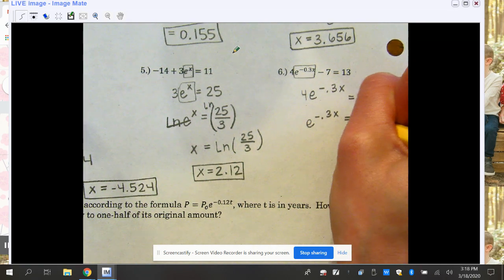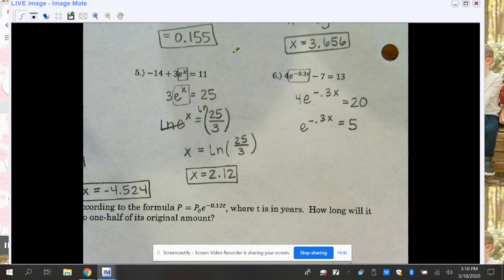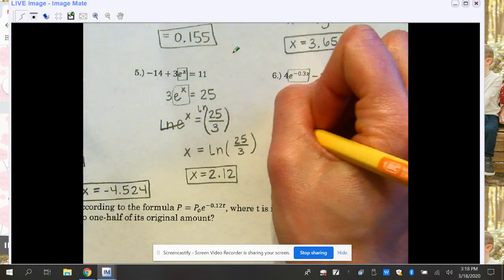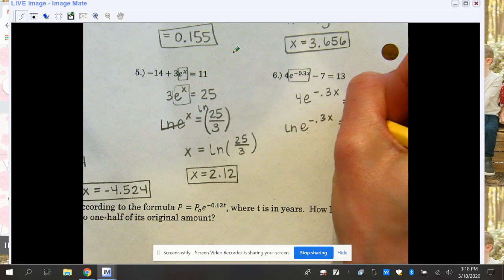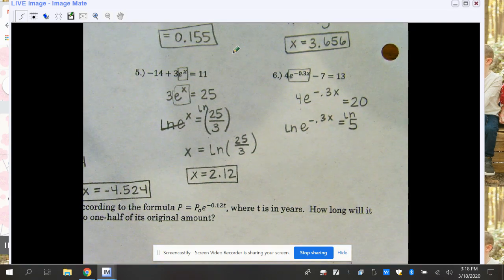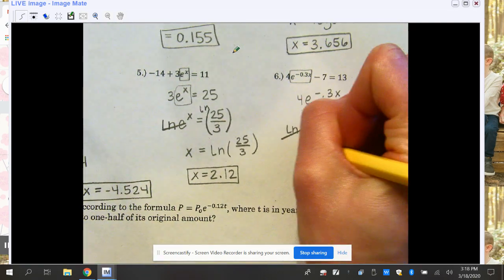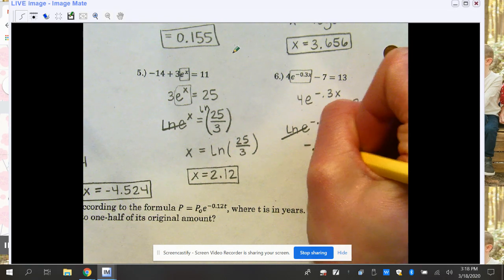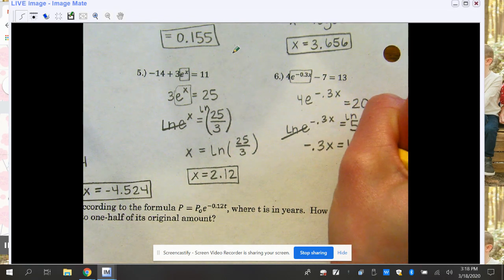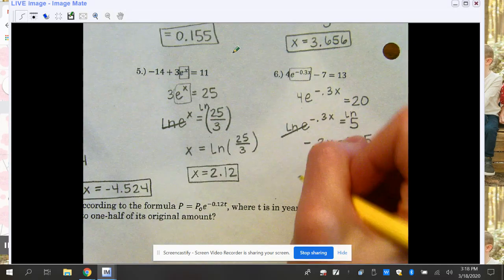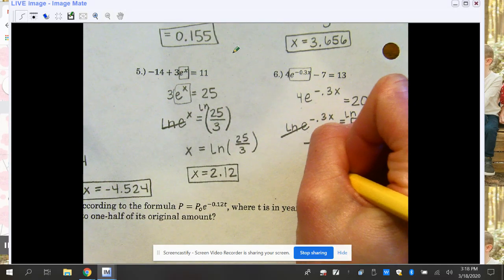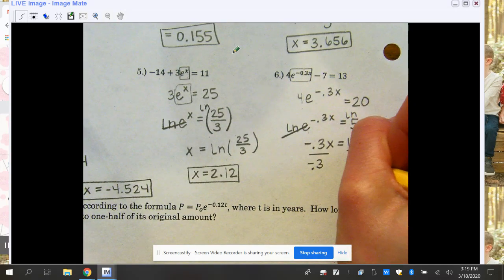And now I can undo that exponent. If the base of the exponent is e, the natural log is what is going to undo that. So those cancel each other out, leaving us with negative 0.3 x equals the natural log of 5. And then I would divide by negative 0.3 to undo that.